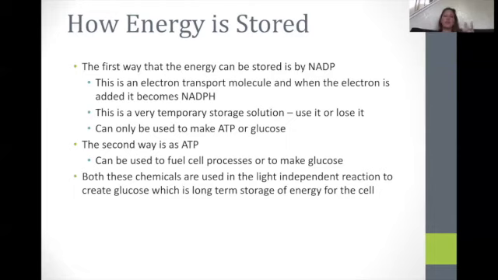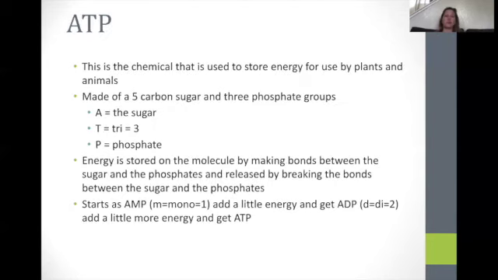It can be used to fuel your cell processes, making your muscles move, or can be put into long term storage as glucose. Both these chemicals are used in the light independent reaction and in cellular respiration. And one of them is found in the making and the breaking of the sugar glucose.